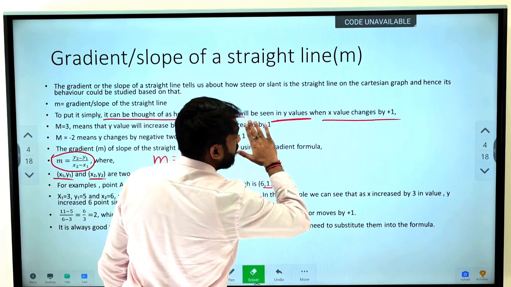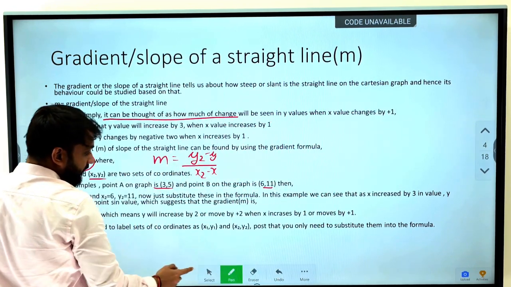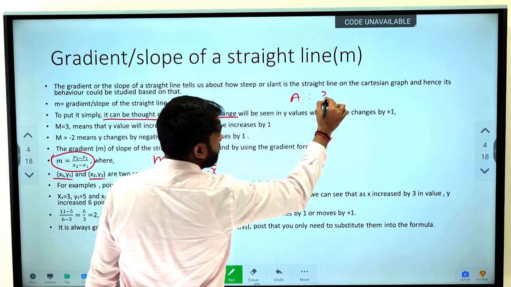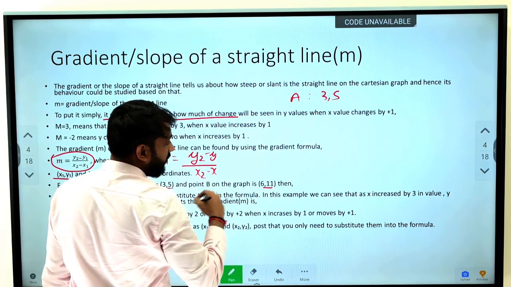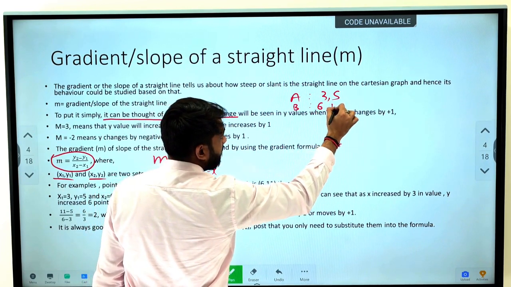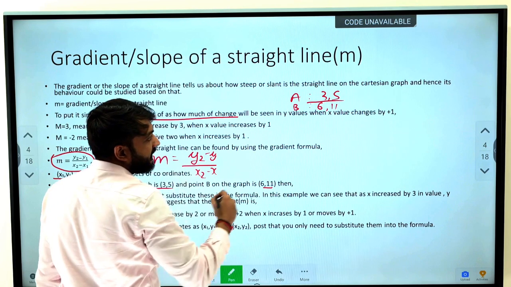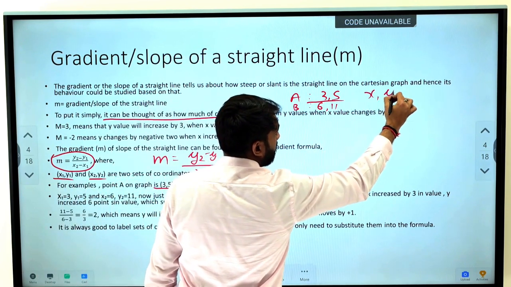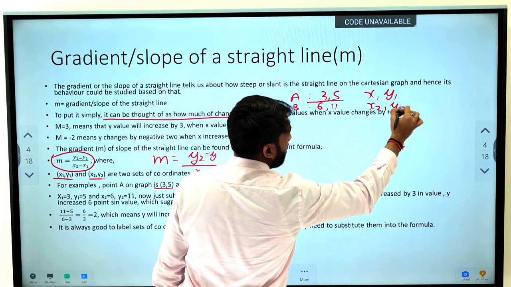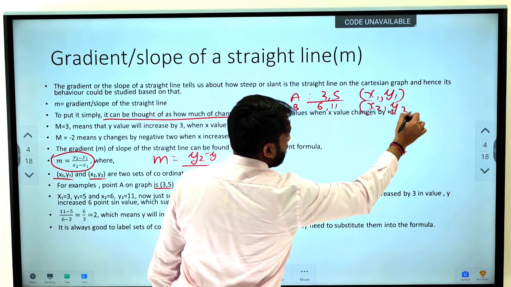The first thing that I would do is mark out the coordinate A as (3, 5) and the coordinate B as (6, 11). I will let this (3, 5) be (x1, y1) and I will let this (6, 11) be (x2, y2). Right?